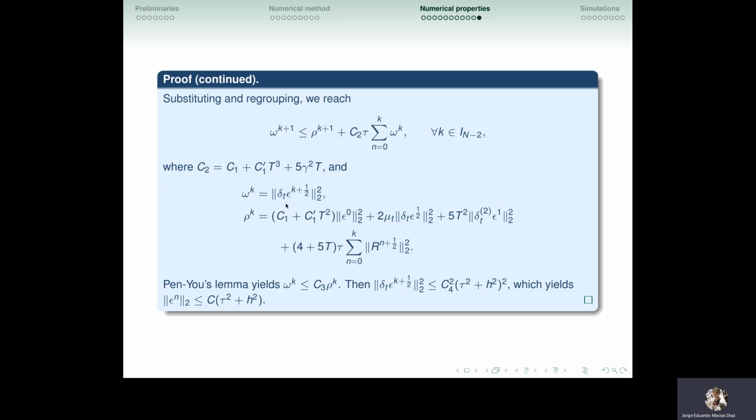So here omega k is given in this form, rk is given in this form. And from here, we apply the Payne-Hughes lemma, which is the discrete Grunwald's inequality. And using Grunwald's inequality, we can establish readily that this happens. Whence it follows that the errors are bounded by a constant, which only depends on tau, times tau squared plus h squared. So convergence has been established then.